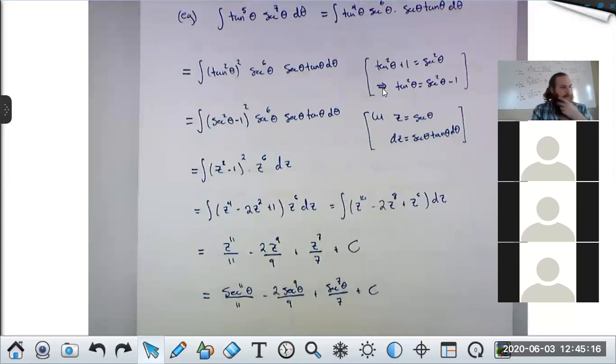So let's look at one of the other cases. Here we had an odd power of tangent, right? That's what allowed this to go.